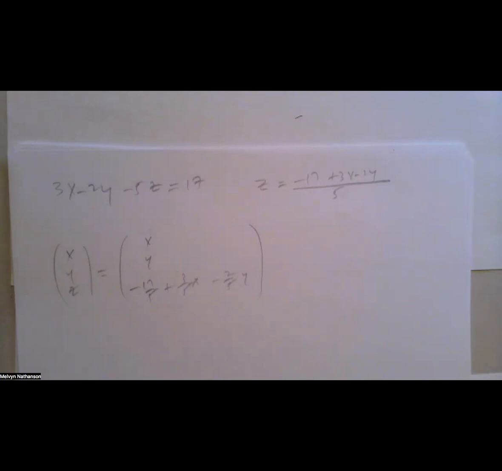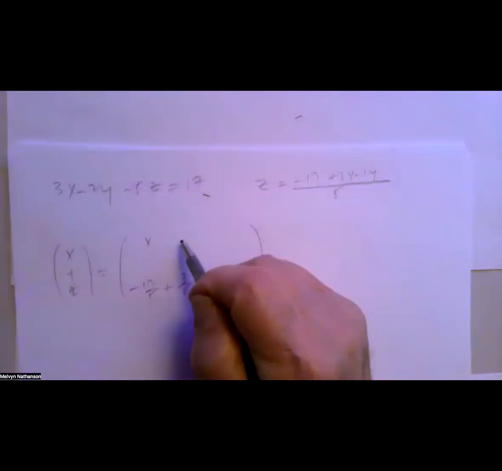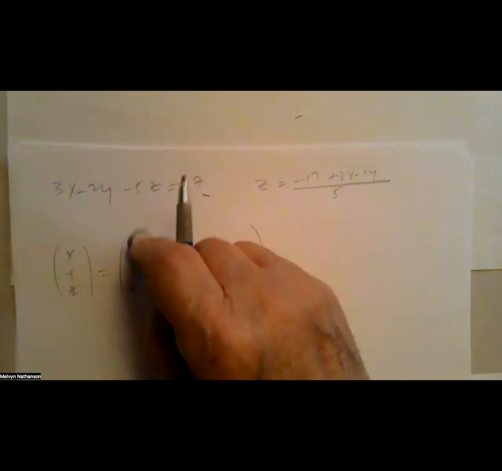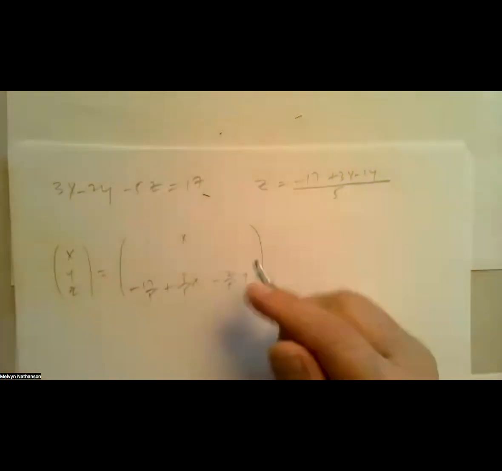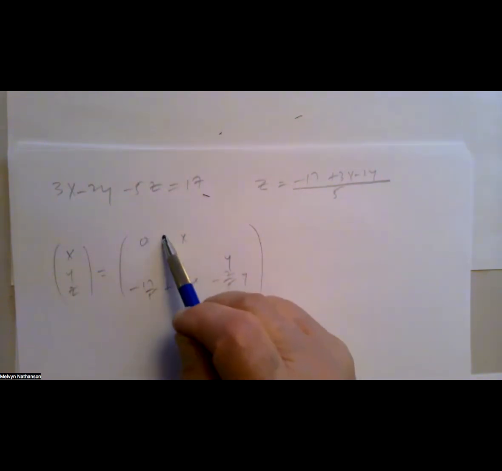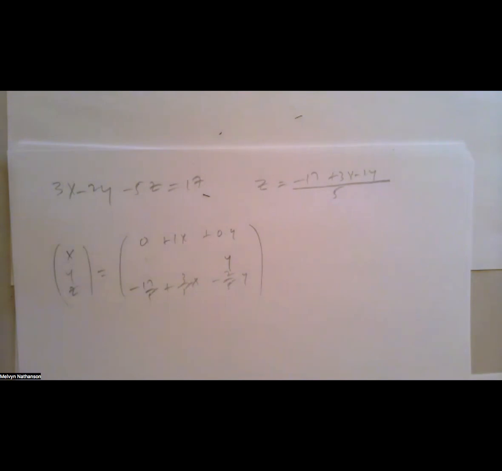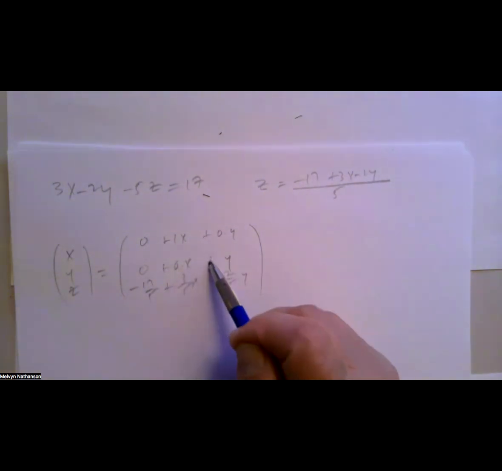And just to make this super clear, my first coordinate is x. My second coordinate is y. I can write x as 0 plus 1 times x plus 0 times y. That's equal to x. And y is 0 plus 0 times x plus 1 times y.